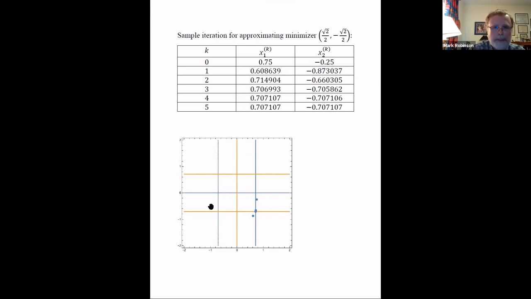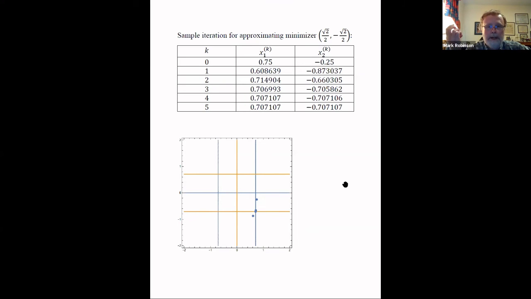I need to explain my picture down here so you understand all these different colored lines. Of course, I think it's pretty obvious what the points are. But the blue curves right here are the set of points in the plane where the partial derivative of f with respect to x1 is 0. And the yellow or orange ones are where the partial derivative of f with respect to x2 is 0.